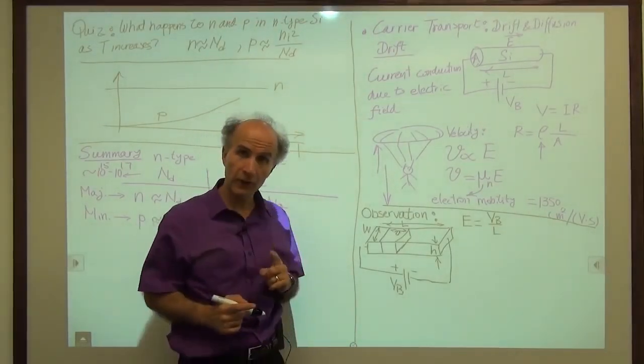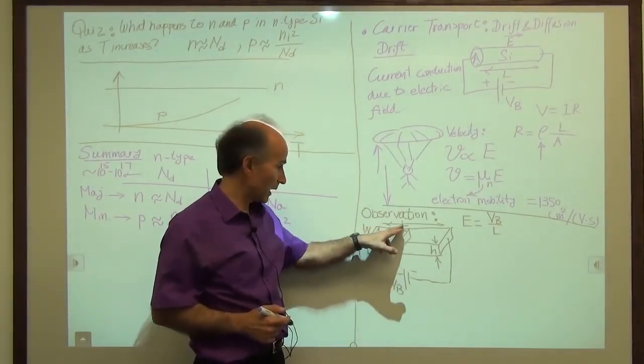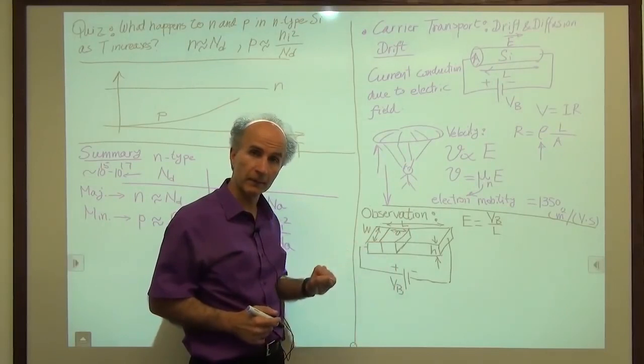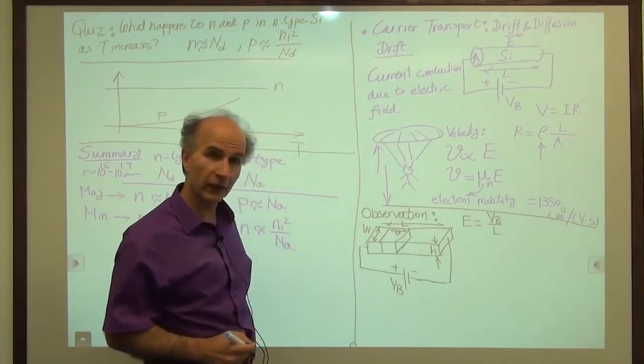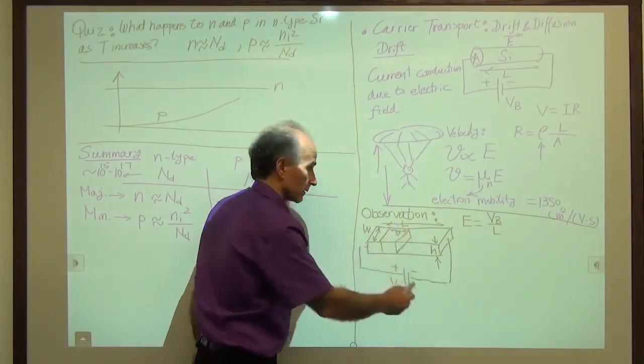Okay, so what we need to do is find the total charge, the total free charge that we have in this rectangular prism. So it shouldn't be that hard. This dimension is v.